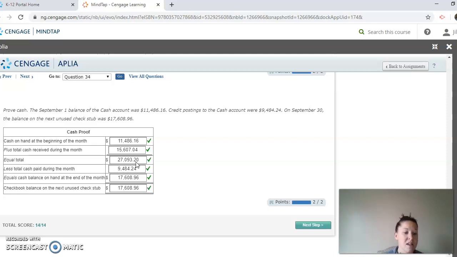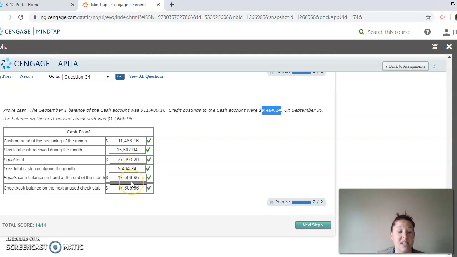That's going to give us $27,093.20. Then it says less cash paid during the month. So that's actually going to come from the cash payments journal, but we don't have that available to us right now. So they gave us the dollar amount. It's $9,484.24. So we're going to subtract those because it says less. So $27,093.20 minus $9,484.24.